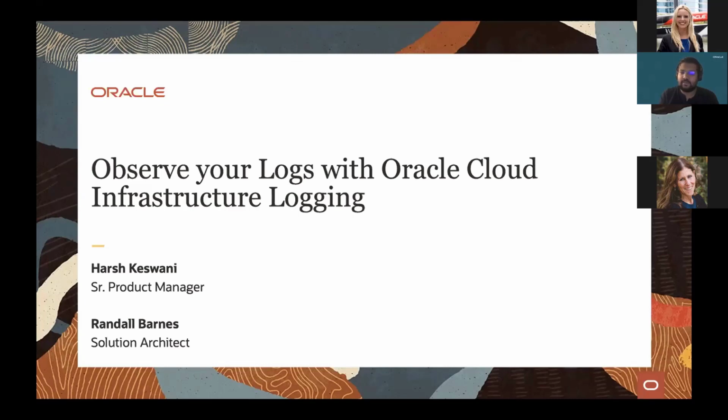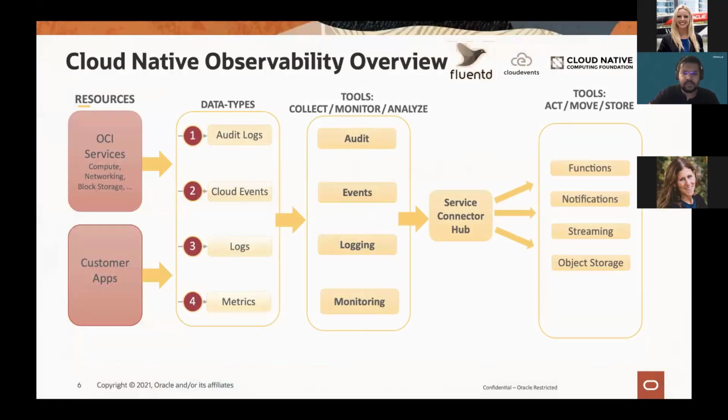After that, we'll be jumping into logging specifically as one of the observability services, and then figuring out what kind of capability logging provides, and also what new features we have introduced since its initial launch last year. After that, we will also have a quick look at the demo of the whole tool, specifically highlighting some of the commonly used features in the logging service. So let me get started with that.